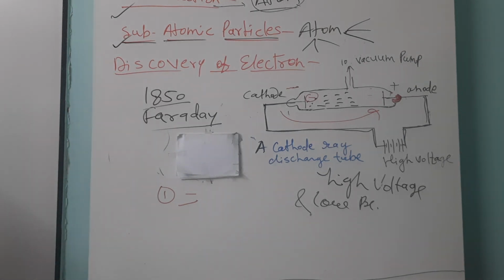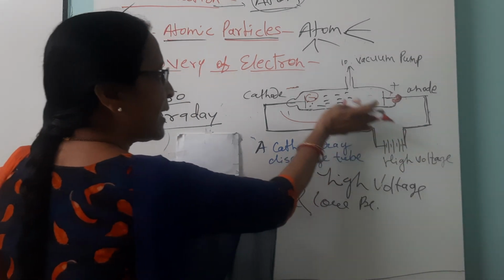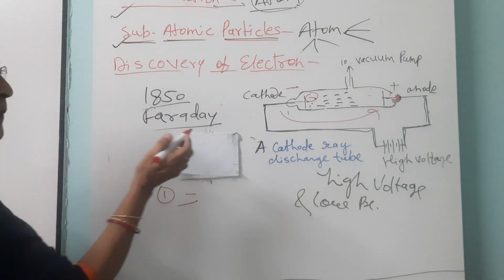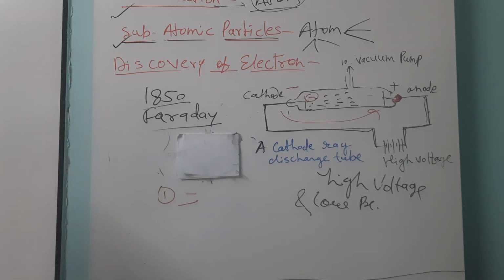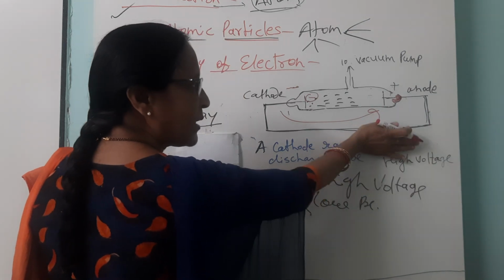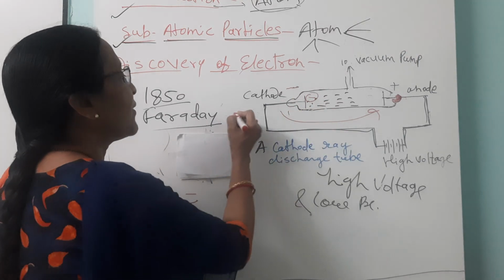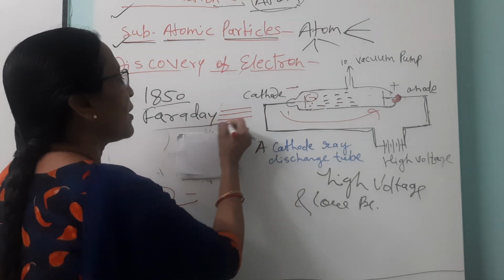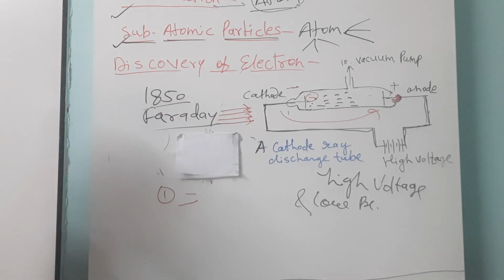Now the third observation they made: if I remove the electric field or magnetic field, in the absence of electric charge and magnetic field, this particle moves in a straight line, meaning the path of the particle is a straight line path.